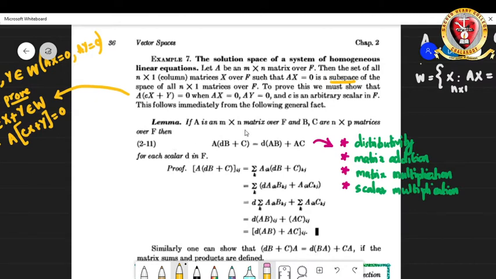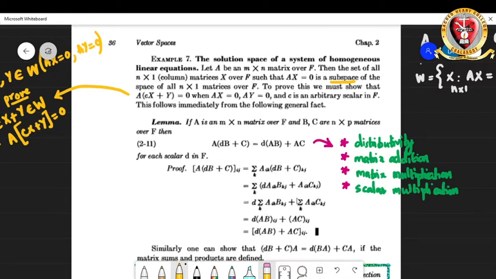If A is an m by n matrix over F, B and C are n by p matrices over F, then A into dB plus C is equal to dAB plus AC. That means it is showing the distributivity property connecting matrix addition, matrix multiplication and scalar multiplication. Prove it. It is a very easy verification.